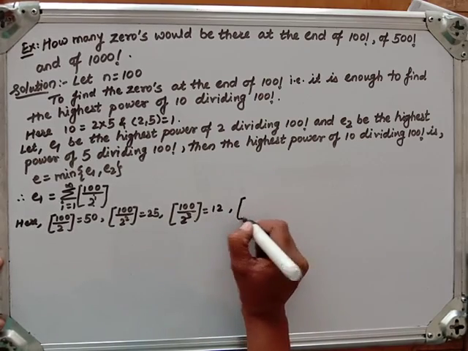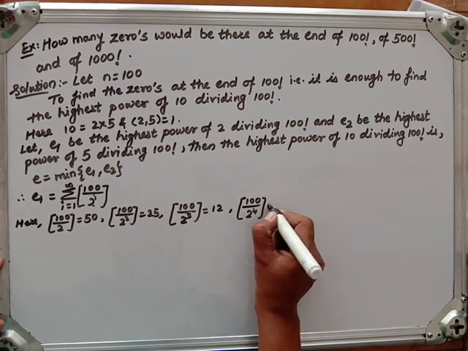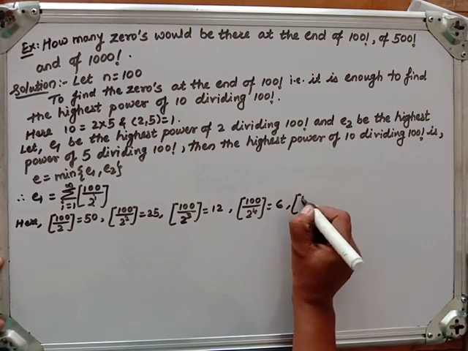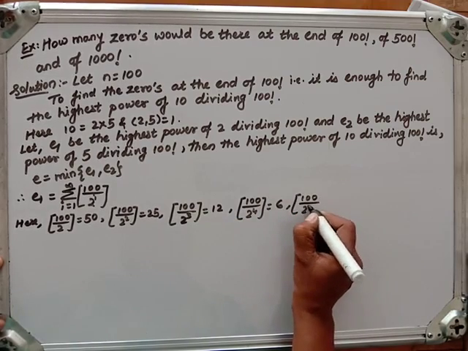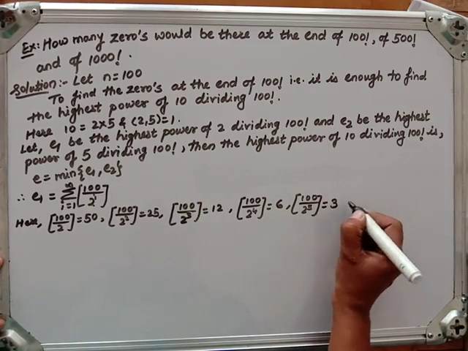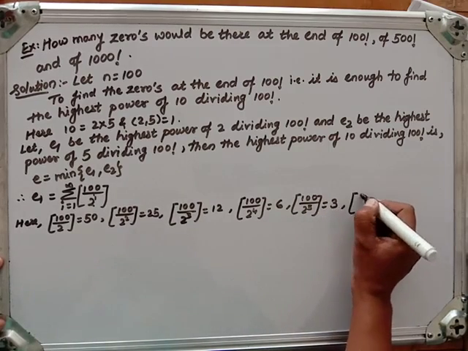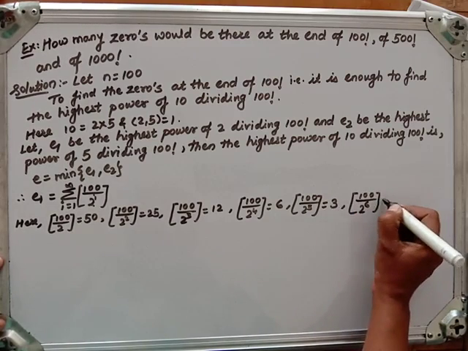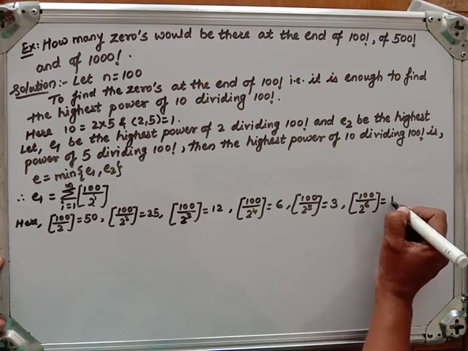Then 100 upon 2 raised to 4 will be 12 by 2, so 6. 100 upon 2 raised to 5, greatest integer function, 6 by 2 will be 3. Then 100 upon 2 raised to 6 will be 3 by 2, so it will be 1.